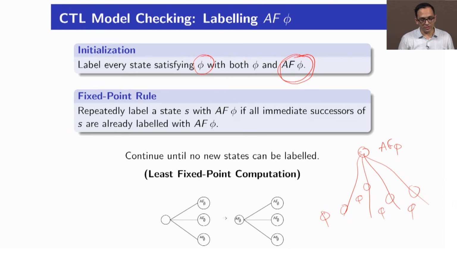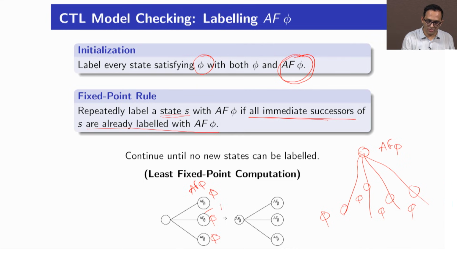And then I am going to do this. So this is interesting. I will try to identify a state whose all immediate successors are already marked with AF. Then I will also mark that particular state with AF. So what is happening here? I already identified this, let us say phi holds here, here, and here. So I have already marked those with AF phi.